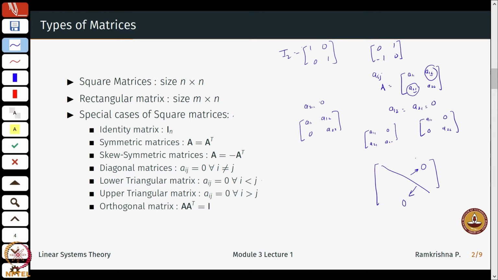So, this is lower triangular, and this is upper triangular. And of course, the last thing is an orthogonal matrix, where A transpose A is the identity of appropriate dimensions. Whenever we just say identity, we will make sure that we are working with the appropriate dimensions. Specifically, when I need n, I will say I_n is the n cross n identity matrix.